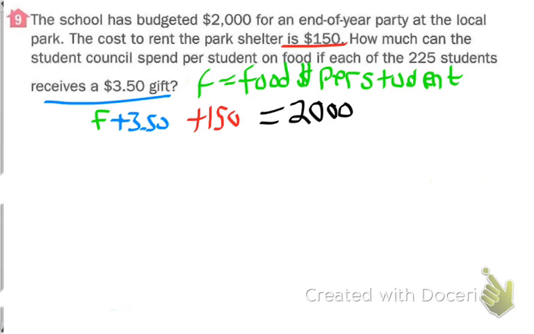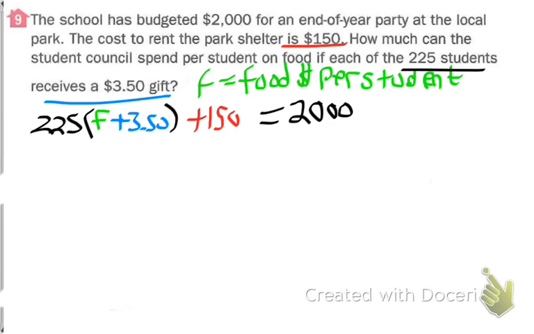Now, if you add those together, food per student plus gift per student, that grand total is how much one student is going to cost at this picnic. Now, multiply that by how many students you have, and that's how much all the students are going to cost, not counting the shelter rental.